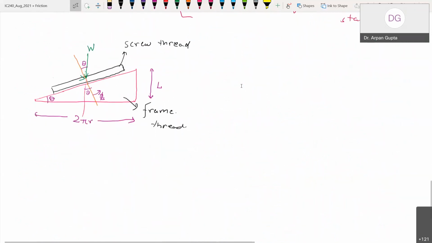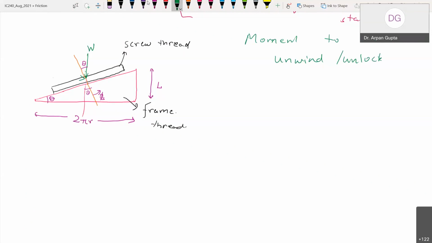And in this case, now we are applying for the case of unwinding. So now the moment to unwind or unlock the screw jack or a clamp, right? If you have clamped something, now we want to unlock it, unwind it, how much moment should be applied? That is the calculation we want to do.